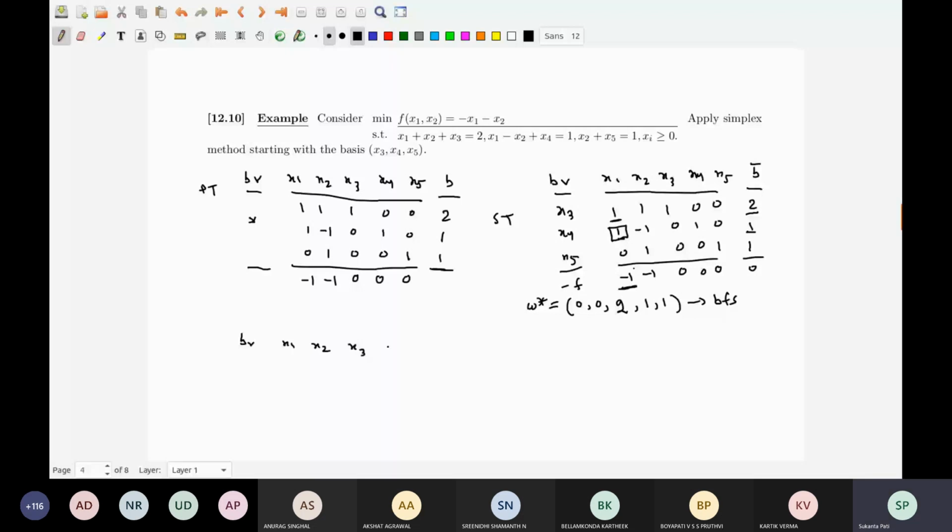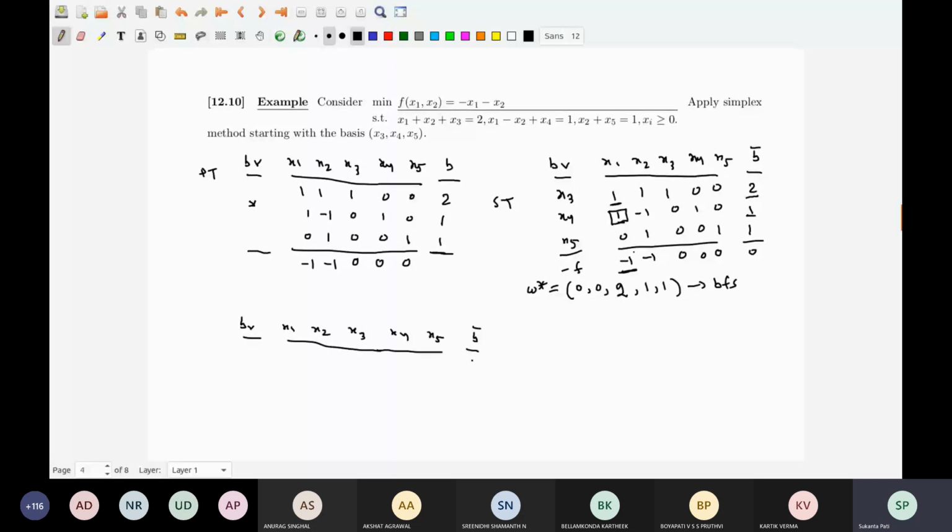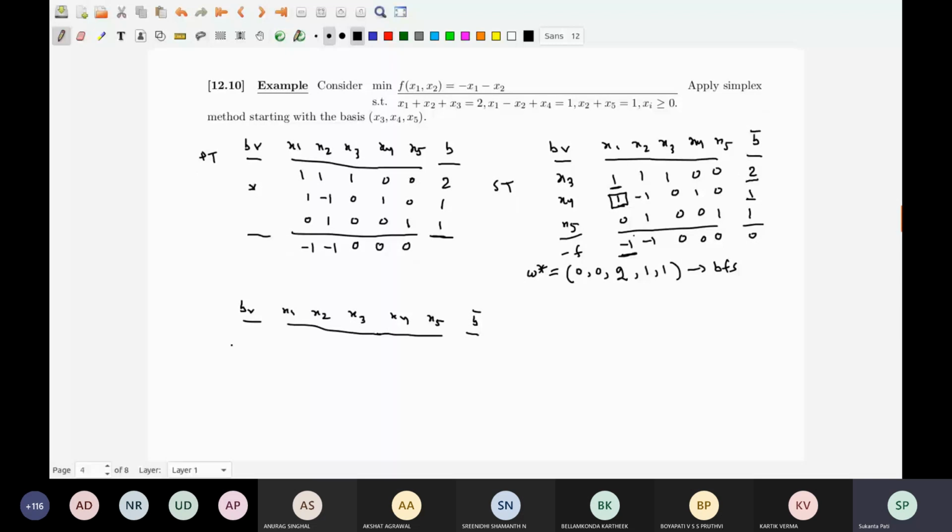I am going to write the next simplex table. x3, and I am going to write x1. This one is entering and this one is going out. And x5. This is minus f.